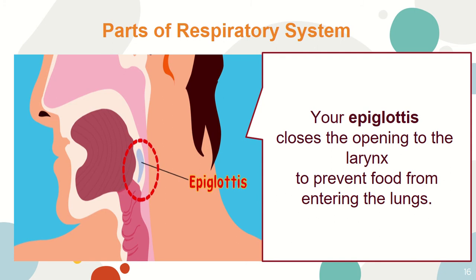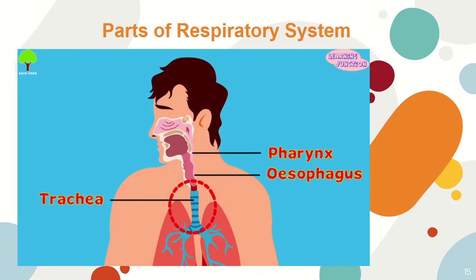Because as you can see here, we have two tubes: one is the tube going to our lungs, and the other is the tube going to our stomach. The tube going to our stomach is what we call the esophagus.